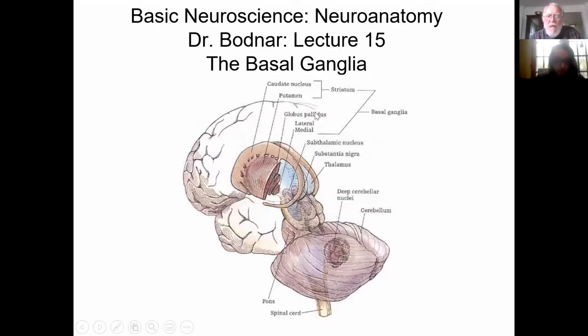Okay. And when we look at this, we see that the basal ganglia has a lot of connections with the substantia nigra, the thalamus, the cortex, and also interactions with deep cerebellar nuclei. And all of these things seem to have an important role having to do with movement.